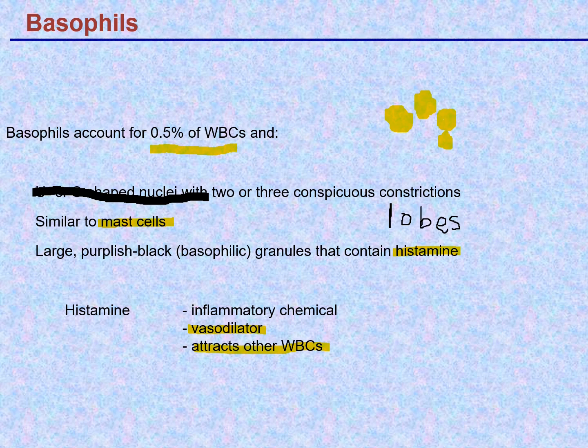And it will also, and it's not shown here, increase the vascular permeability. And so not only do you have more blood flow into the area, but you also have an increased permeability of the capillaries in the area, so that more fluid moves out, and therefore you can get some edema.